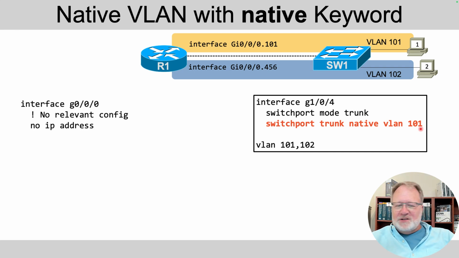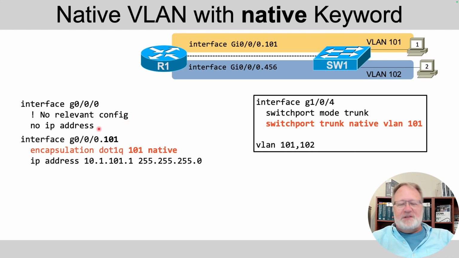All right. So first off, we've still got a physical interface. It still has no relevant config. There's no IP address there. We still have a .101 subinterface. It's still got VLAN ID 101 configured, and there's one more keyword here at the end of the command, native, which is what you need to configure to tell the router, hey, this one's the native VLAN.